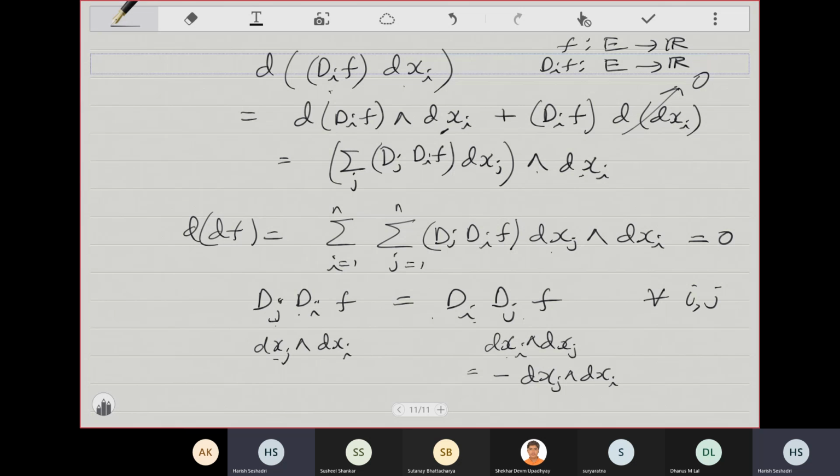So this term, j first and i second, will occur again in this overall sum with a minus sign. The coefficient is the same, but this differential form part changes sign. So pairwise, things cancel out. And you're left with 0. That's it.